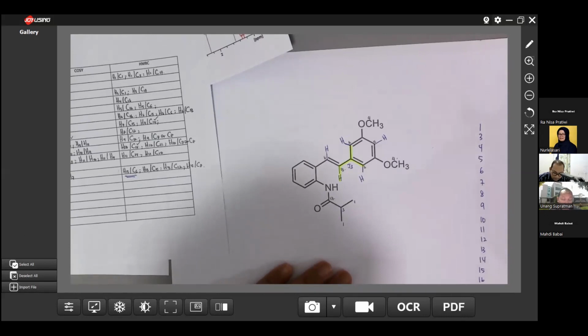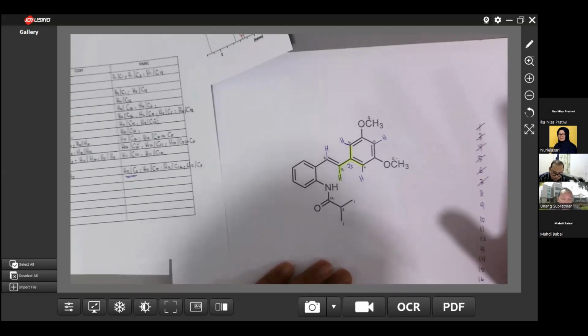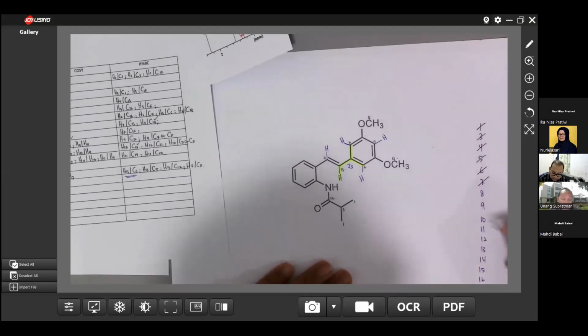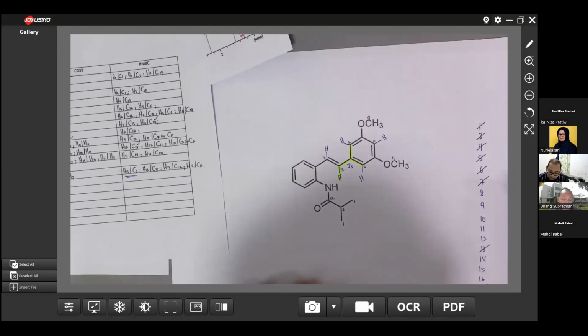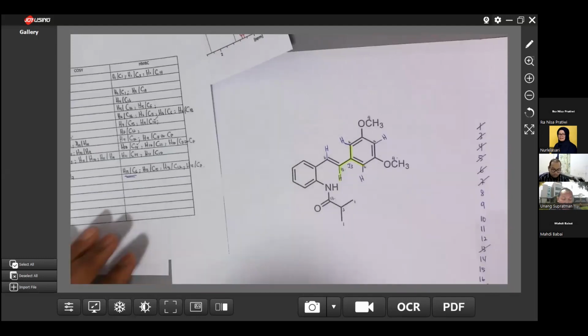Carbon number 1 done. Carbon number 3, yes. Carbon number 4, yes. Number 5, yes. Number 6, yes. Number 7, yes. 8, no. 13, yes. 17, yes. We still have 8 carbons remaining.